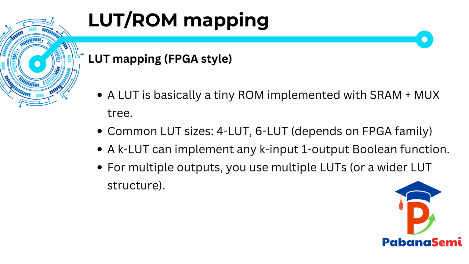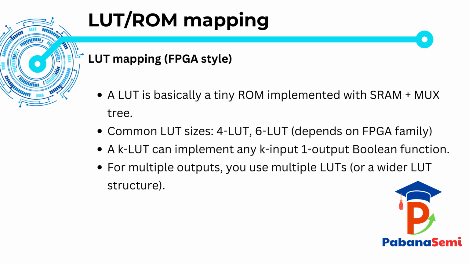Common LUT sizes depend on the FPGA family. You'll typically see 4-input LUTs or 6-input LUTs in modern devices. A key rule is this: a K-input LUT can implement any K-input single-output Boolean function directly. For example, a 6-input LUT can implement any 6-variable logic function without needing extra gates.